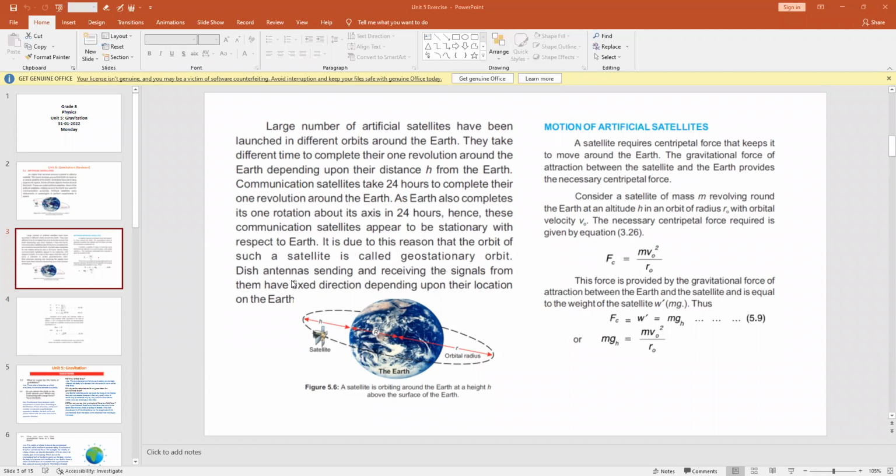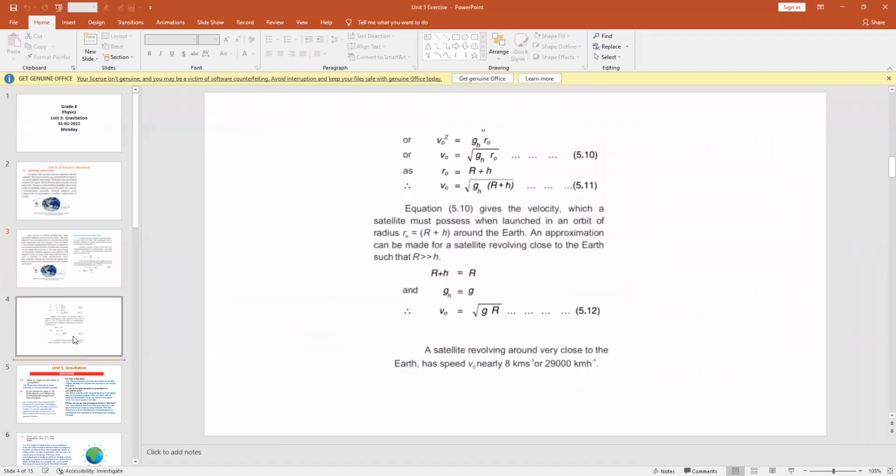So when we cancel them out, we get the equation v naught square is equal to g h r naught. As we are going to find the motion of the artificial satellite, we have to take the square root on both sides. So v naught is equal to the square root of g h r naught.